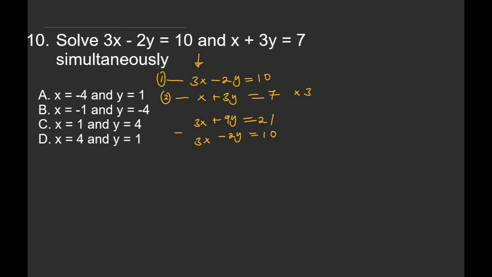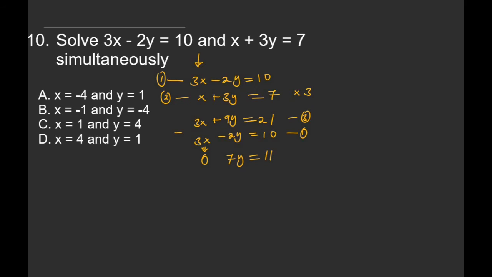Equation 3 minus equation 1. And that will be 3x minus 3x is equal to 0. And then 9y minus 2y is 7y. Now equal to 21 minus 10 is 11.